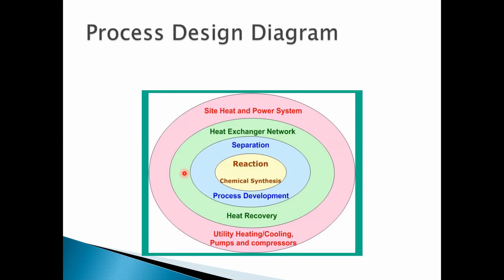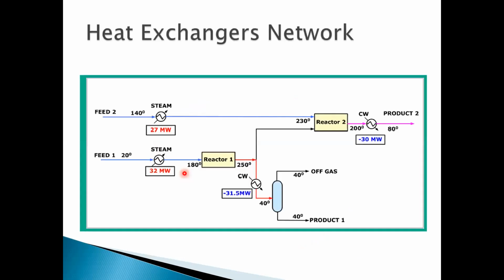Then after development of the heat exchanger network, we use the utilities to provide the needed cooling or heating. For example, in this process, how many heat exchangers do I have? I have two that use steam for heating and two that use cooling water for cooling these streams.